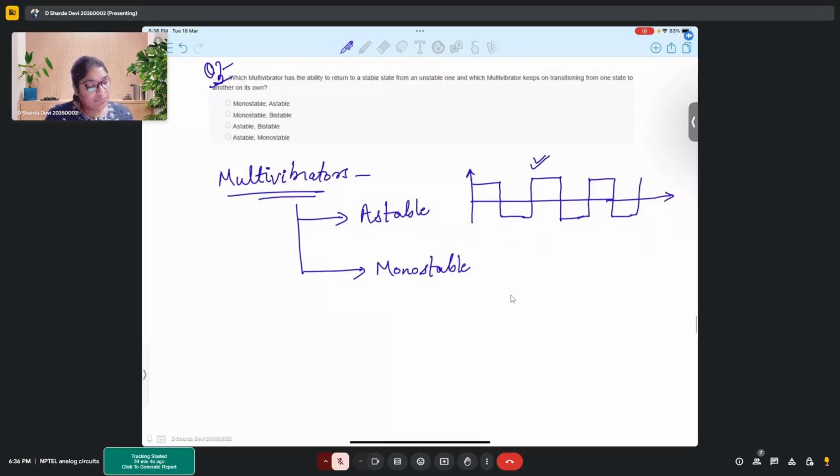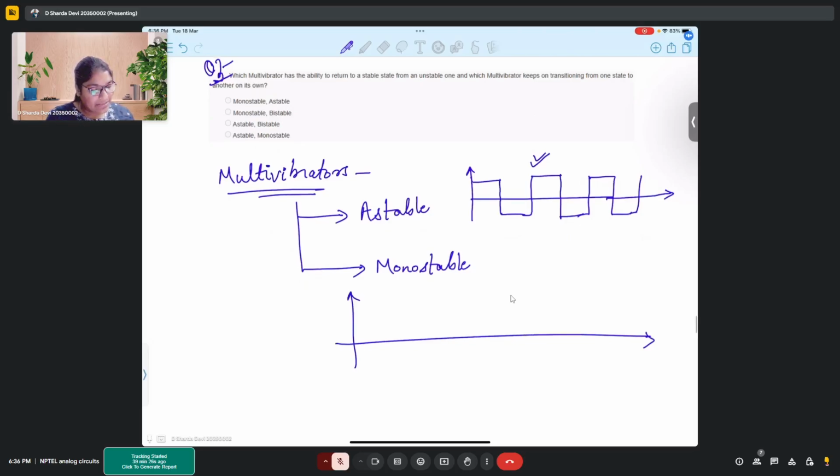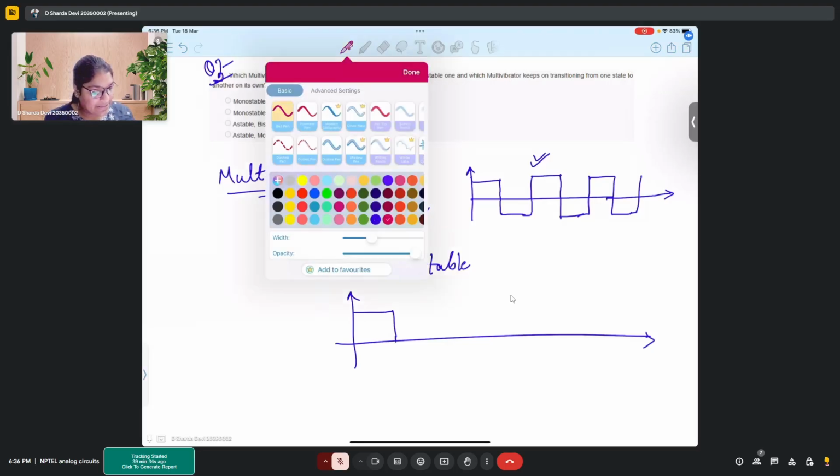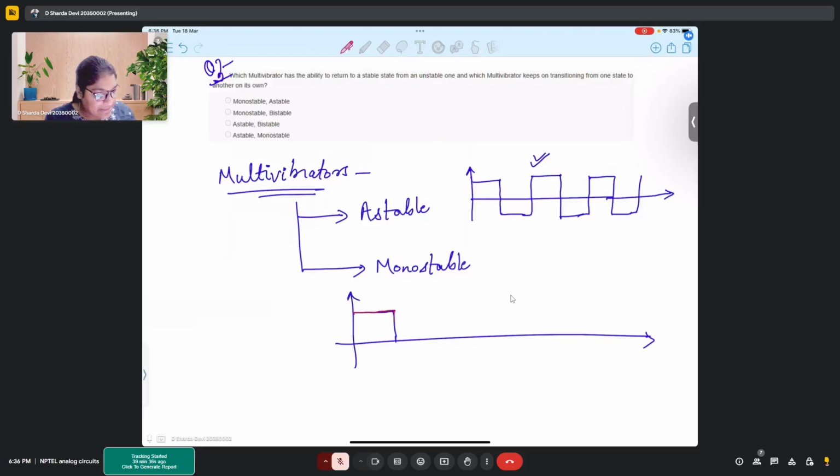Whereas in the case of a monostable multivibrator, as the name suggests, there is a single stable state. What you do is introduce a trigger, or basically you interrupt the circuit a little, because of which a pulse is generated, and again it comes back to the stable state. The pulse is basically a disturbance, and its duration depends on the disturbance's duration.